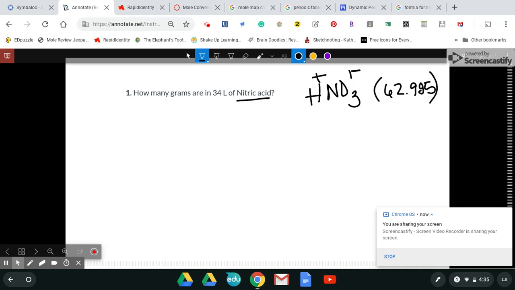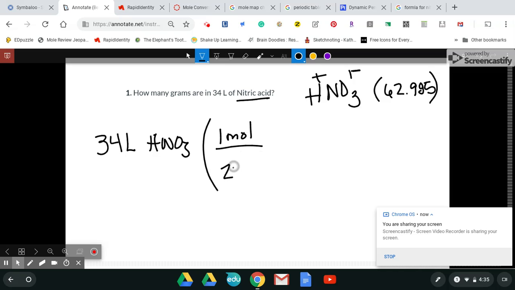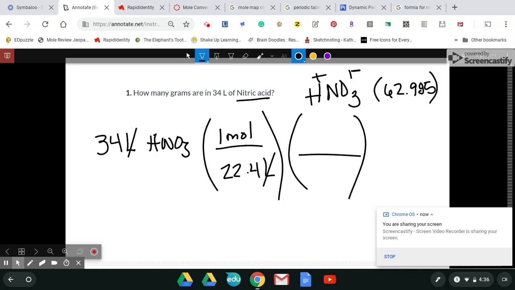So it says, how many grams are in 34 liters? So if I've got 34 liters of HNO3, to get out of liters, 1 mole equals 22.4 liters. Okay, now my liters can cancel. So I'm dividing 34 by 22.4. And now I want to go to grams.